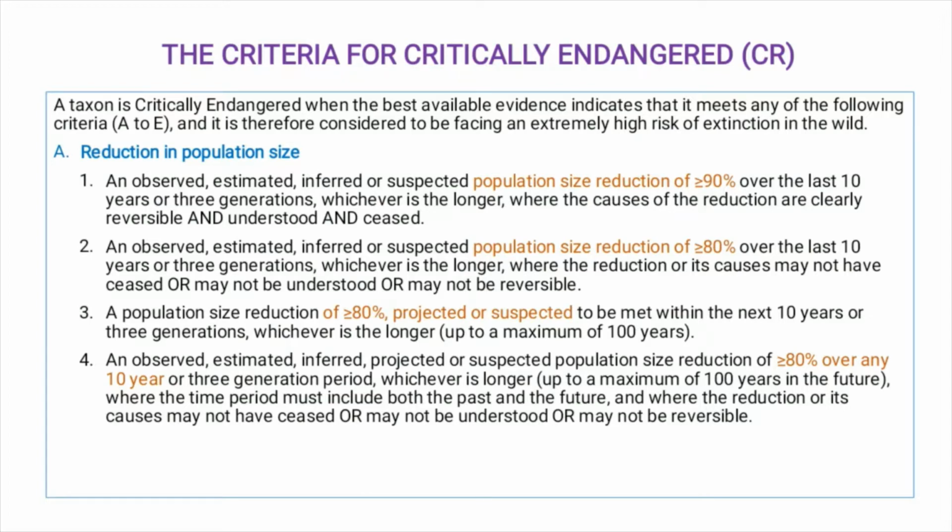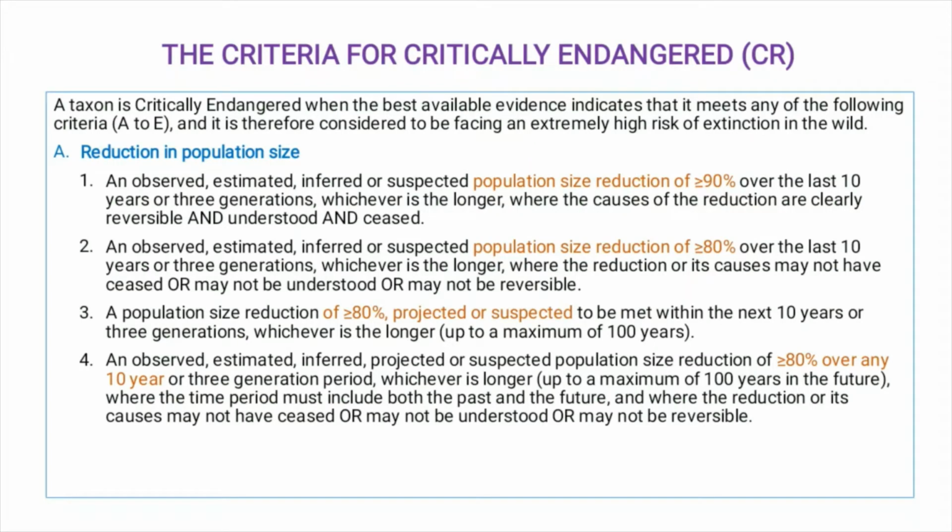Next is if there is an observed, estimated, inferred, or suspected reduction in population size, more than 80% reduction for the past 10 years or 3 generations, where the causes of reduction have not ceased or not understood and are not reversible, then it can be declared that the population size of that species is reducing.